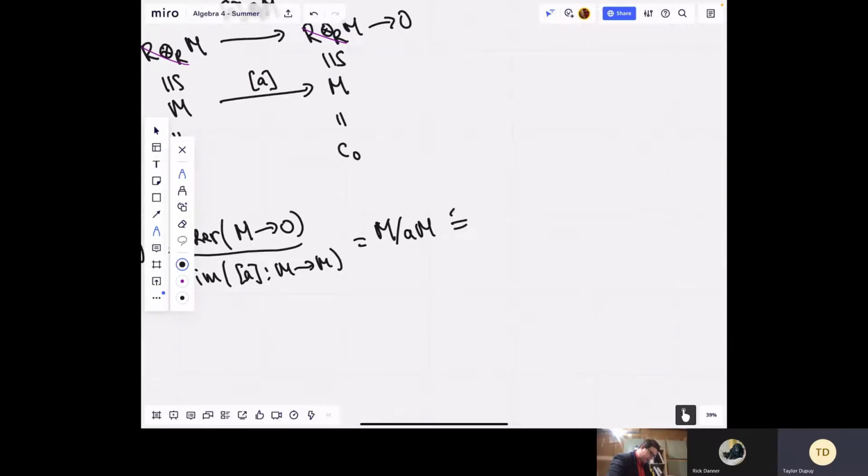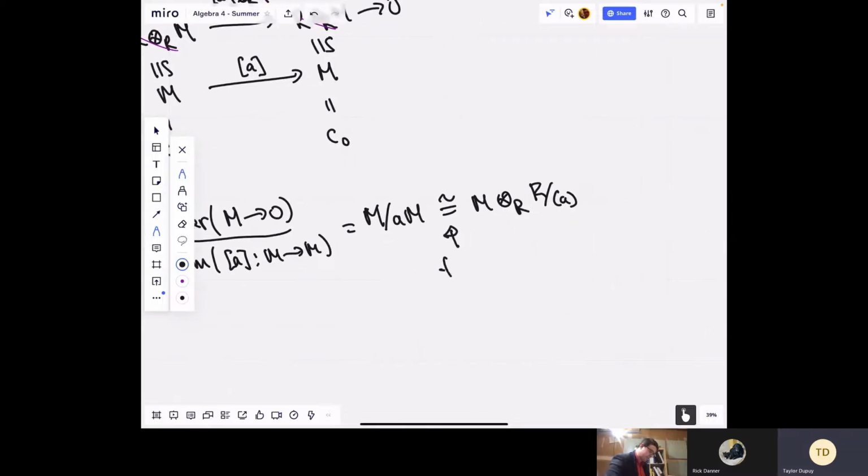Notice that this thing is really just M tensor over R with R mod A. Remember, that's one of our formulas that we had for tensor products, right? When we tensor a module over R mod I, we just do M mod IM. So this is a general formula.